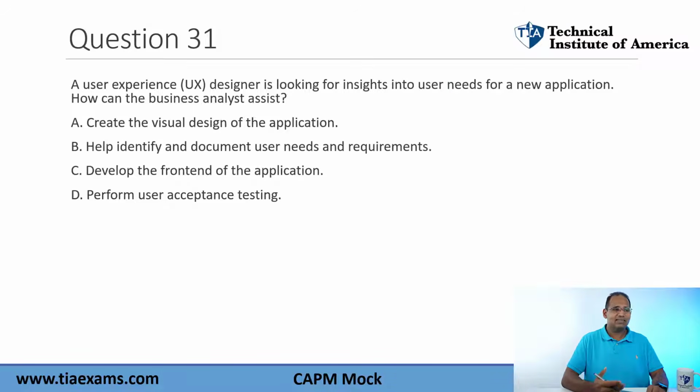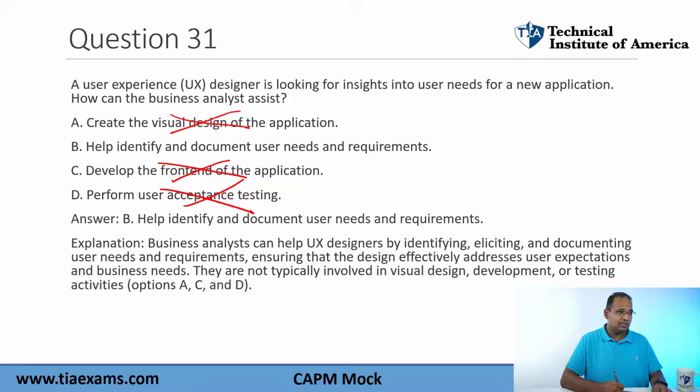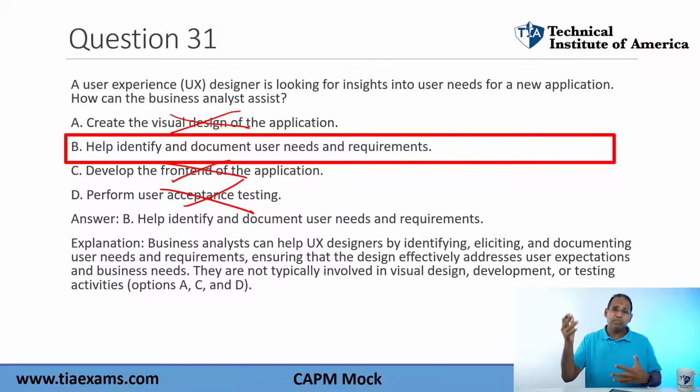So a BA is not really a technical person, although they could be, but generally they're not technical people. So they're not going to create the visual design. Definitely not develop and perform tests. The best thing a BA does is to work with the user to elicit. Remember this word, elicitation, to gather the requirements from the users.